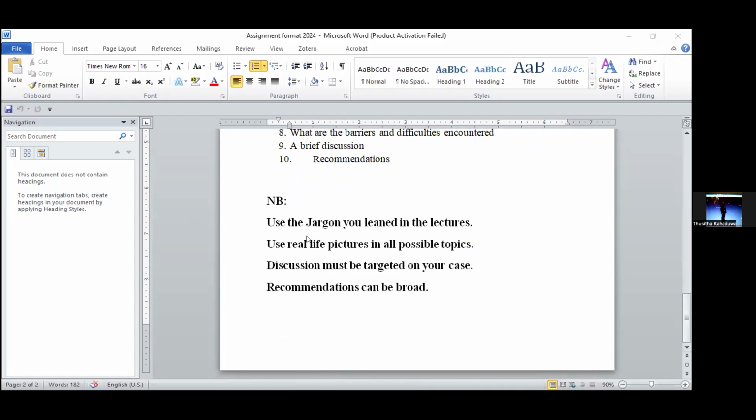Any questions on the assignment? The format which you have sent on WhatsApp can't be downloaded because it's no longer available. Can you resend it? Yeah, wait. Right, I'm sending it now to WhatsApp.